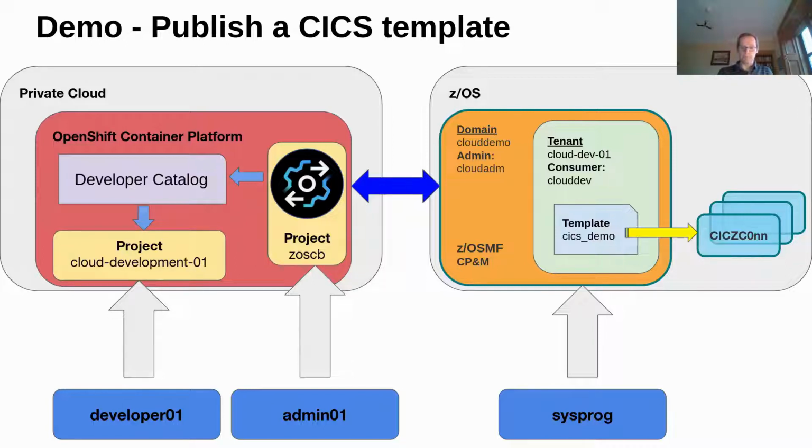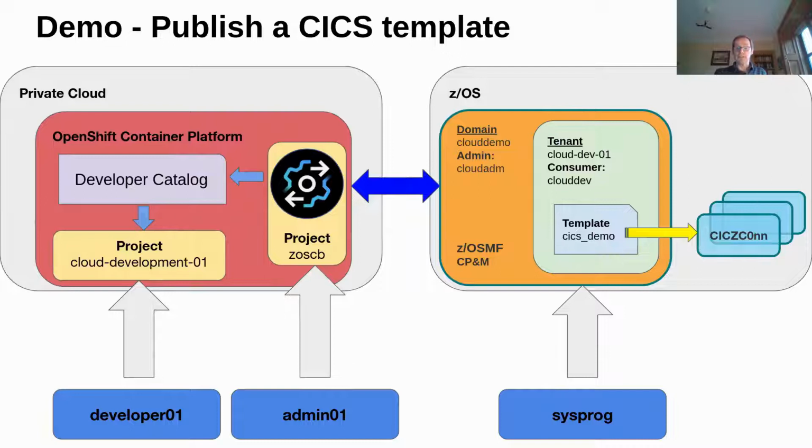So for example, a template which provisions a CICS region, a template which provisions a database. We can also provision what's called composite templates. So where an application needs a CICS region and a database, we can provide composite templates. Or a composite template might be a CICS MRO environment, which might need a routing region, a couple of AORs, and a file owning region.